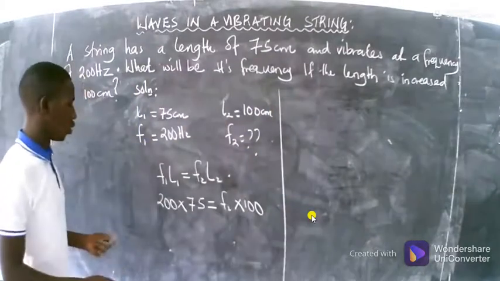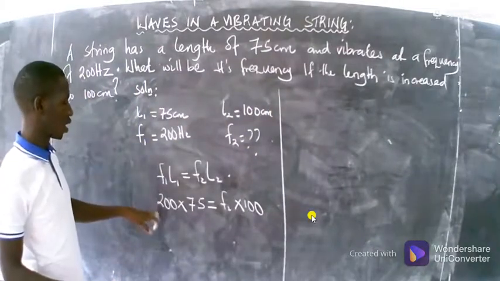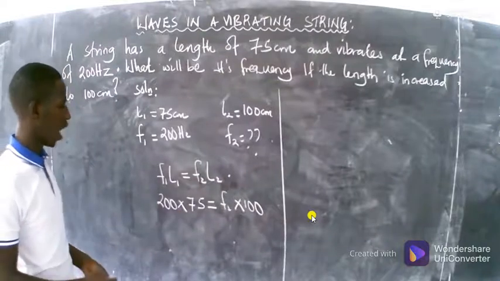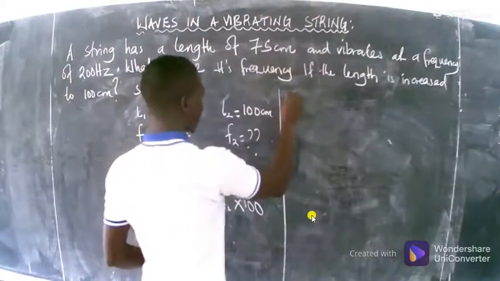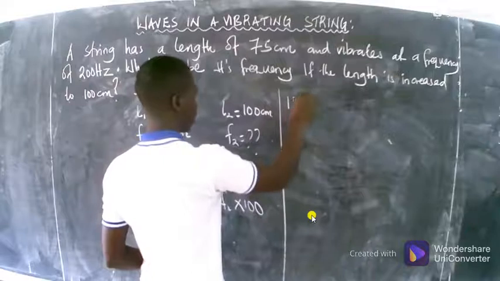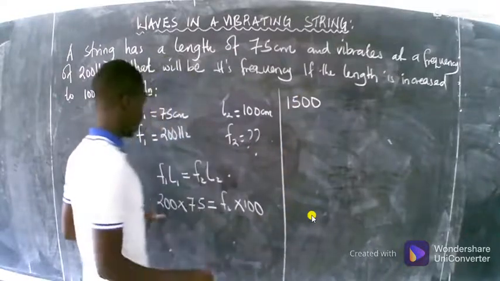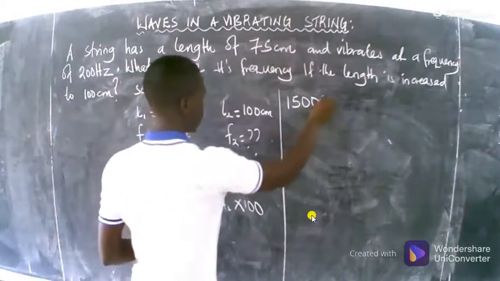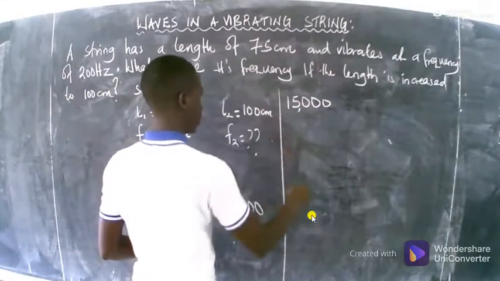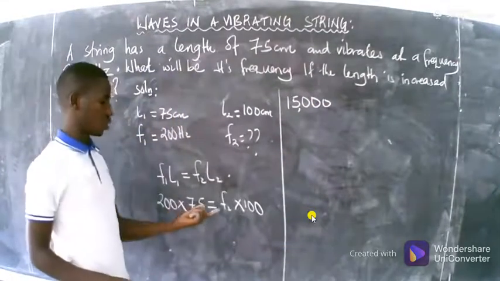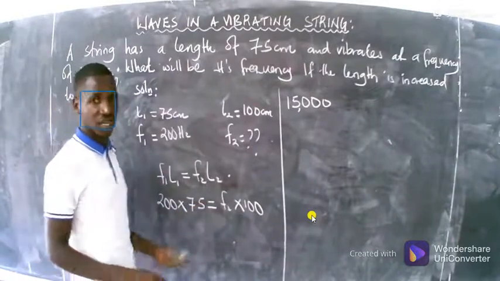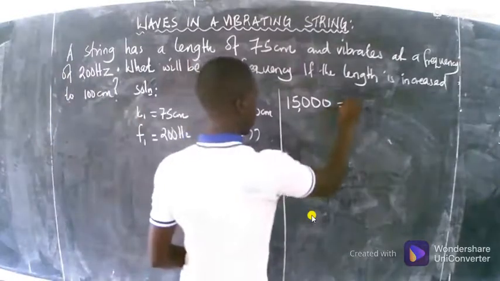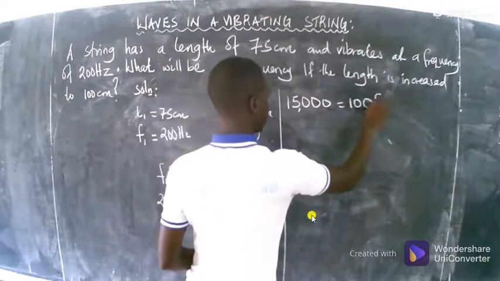So 200 times 75 is 15,000 actually. 15,000 should be equal to F2 times 100, that is 100 F2.